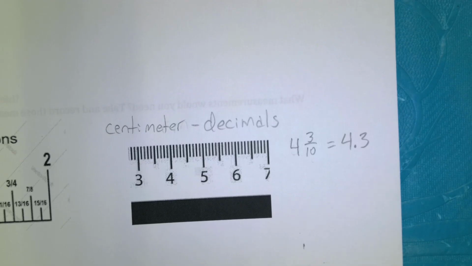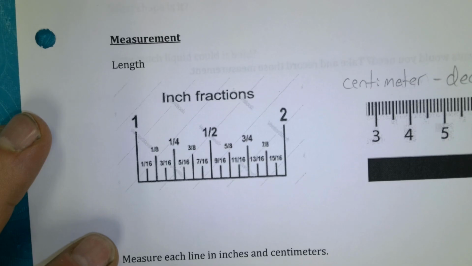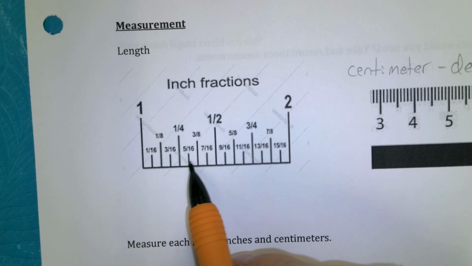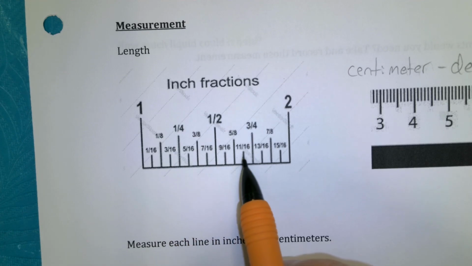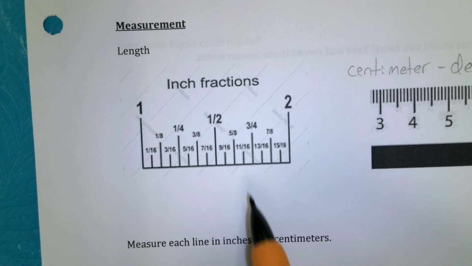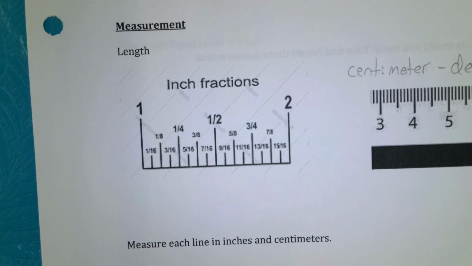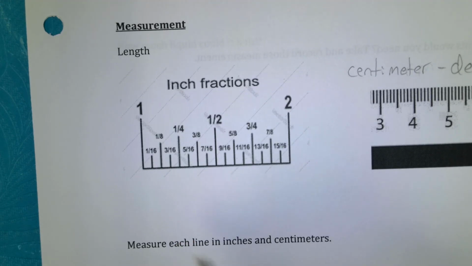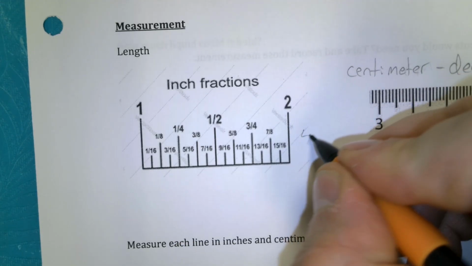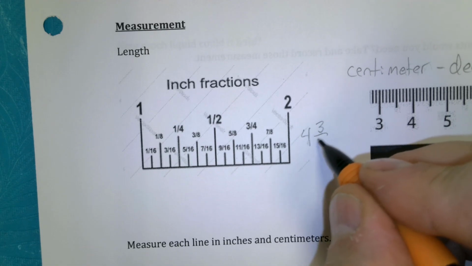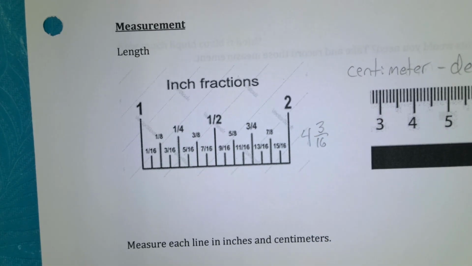Now, inches, not the same. 1, 2, 3, 4, 5, 6, 7, 8, 9, 10, 11, 12, 13, 14, 15, 16 jumps from 1 inch to the next inch. So when we do a measurement, if I had 4 and then 3 tick marks past that, whatever inch it is, it's out of 16, not 10.